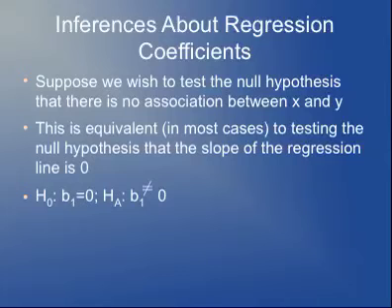The only way you can get into trouble is if there's some sort of U-shaped association between x and y, where for a while y decreases as x increases, and then y starts to increase again. That's not common. In general, if people want to test the null hypothesis of no association between x and y, they'll just fit a regression, test the null hypothesis that the slope is equal to 0, and call that good enough.